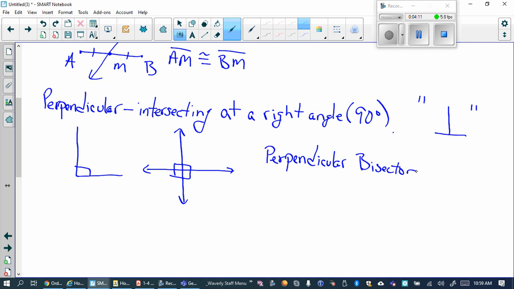It's like a regular bisector, except, well, what do you think the difference is? It's perpendicular, right? So if that's A and that's B, there's a right angle, and they are congruent, perpendicular bisector. And that's going to be the first thing we want to construct, by the way, with compass and straight edge. It's the simplest one, it's most useful. We use it a million times, okay?